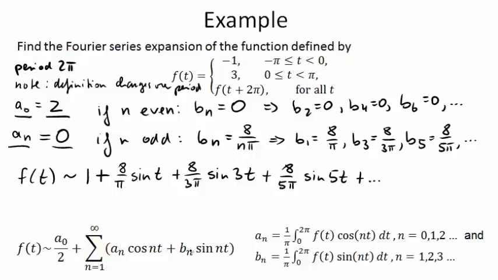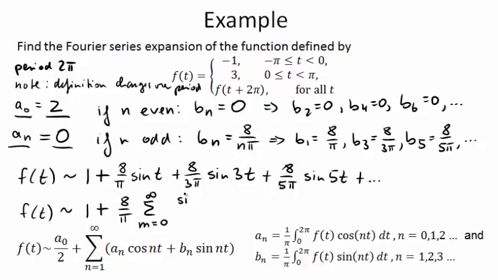Now, another way of writing this, if you wanted to keep the sigma notation, and you might want to look at this later on to see if this makes sense, we could write this as 1 plus 8 over pi. And then we write this as the series using an index m from 0 to infinity.